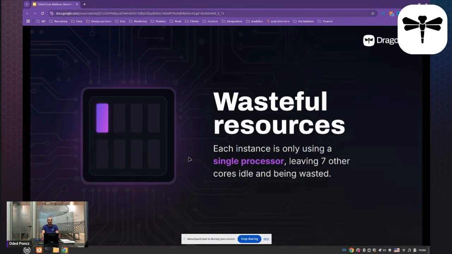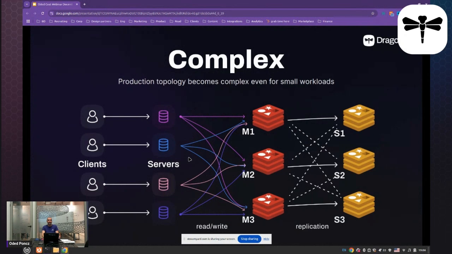And Redis is not built to use these extra cores of modern hardware, as it's single-threaded at its core. To scale efficiently on Redis, you will need to take like 16 instances with 4 or 8 gigabytes of memory each, which again is wasteful and complex.